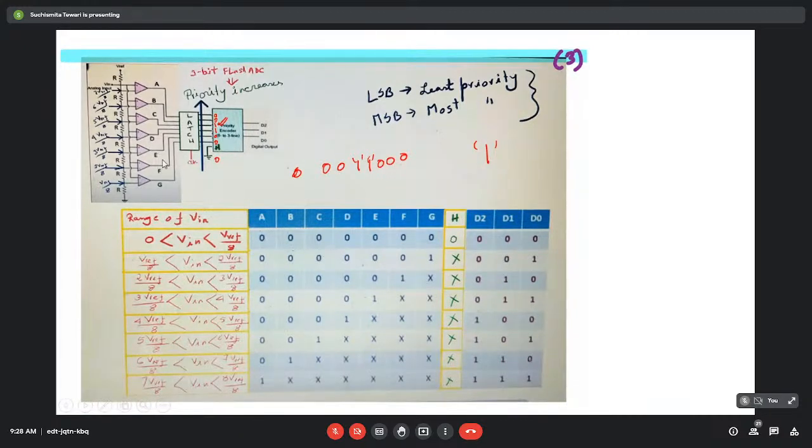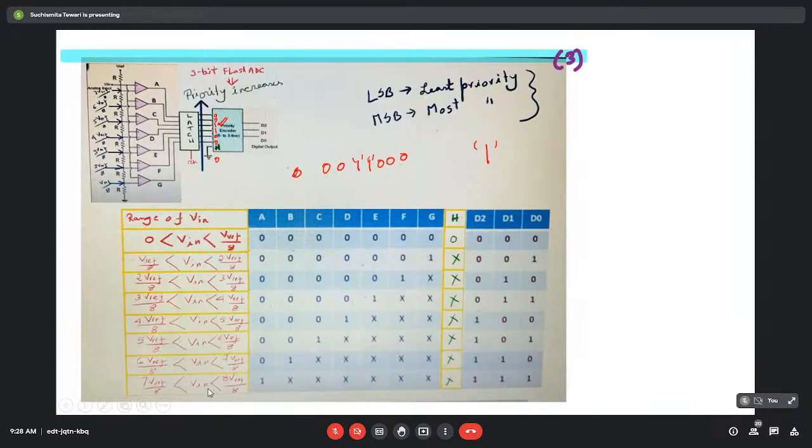But actually, if you see the circuit outputs, when the most significant bit is 1, then obviously the outputs of all these comparators are already 1, because in this case the V in is actually falling in the final range. It is greater than 7 V reference by 8, but less than 8 V reference by 8 or V reference.